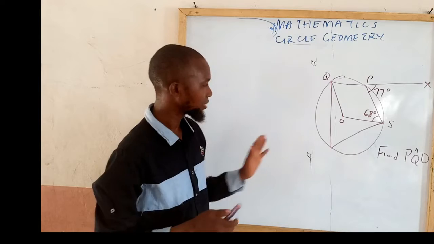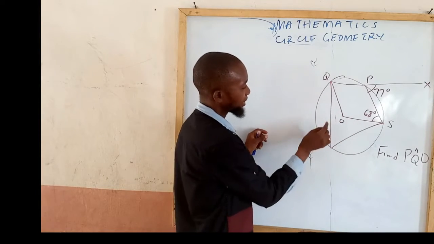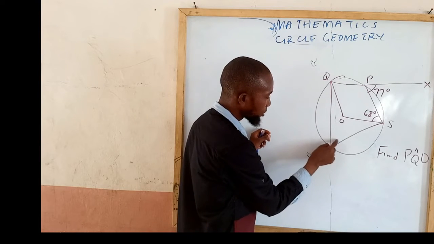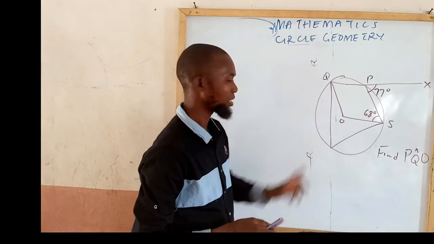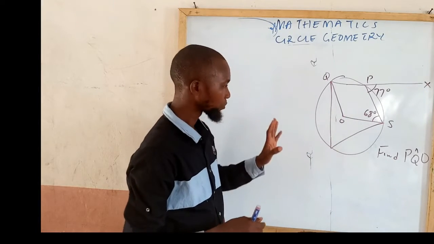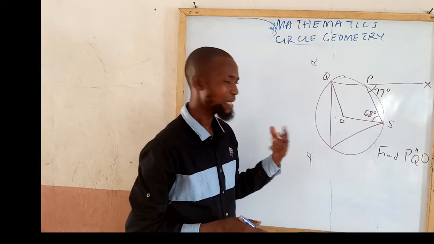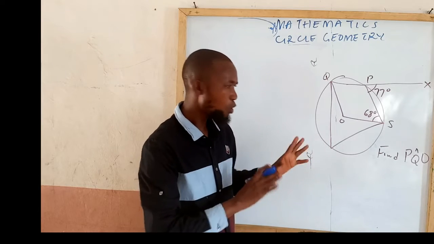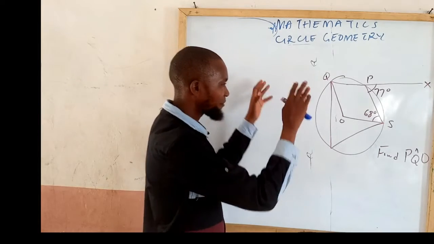Now when we look at this very well, if you are considering the lower diagram here, this is where we usually assume to be the center, and this place is what we assume to be the angle at the circumference. So in this case, angle at the center is not given, angle at the circumference is not given. Before we say that the property will not hold here, let us look at our diagram very well.